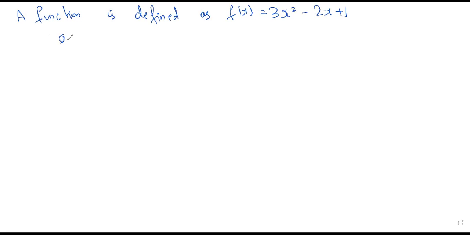Part A says find f of 7. Part B says find f of x plus 3. These are the 2 parts of this question. So I want you guys to start your working and tell me the values for both A and B.